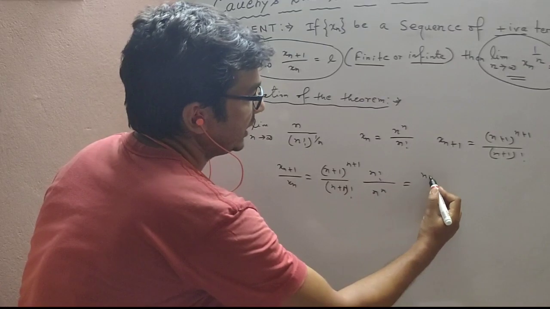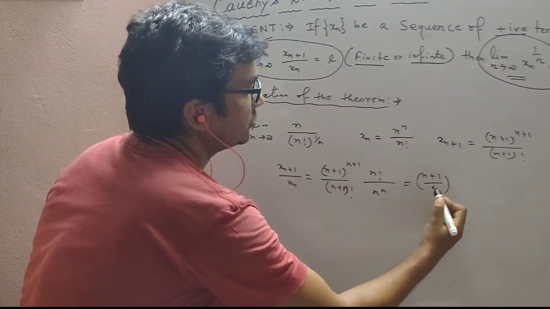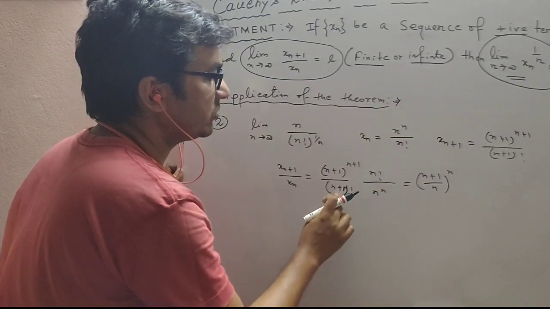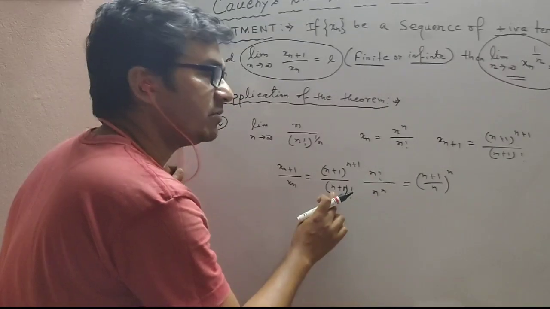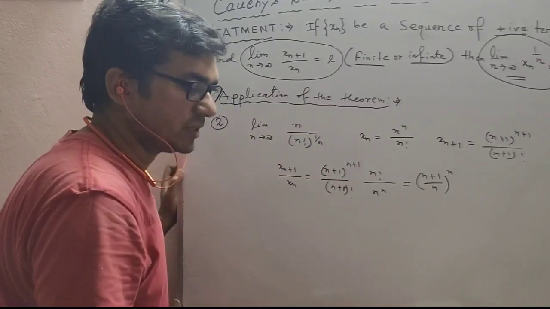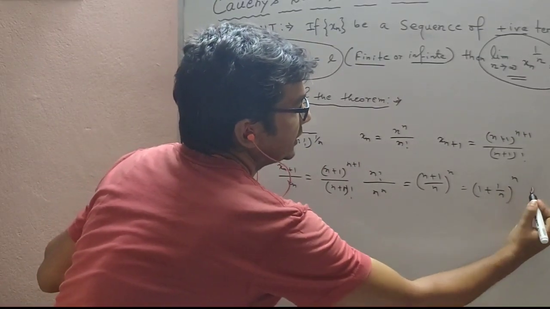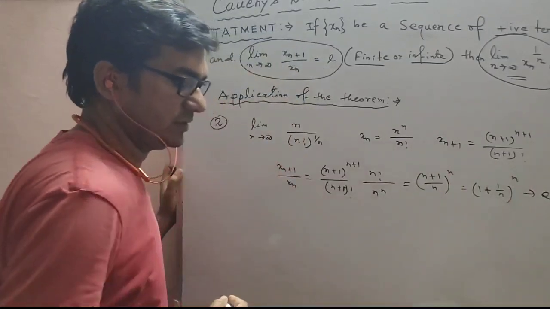This equals (n plus 1 by n) to the power n, and n factorial cancels. Here n plus 1 and n plus 1 cancel. So (1 plus 1 by n) to the power n tends to e.